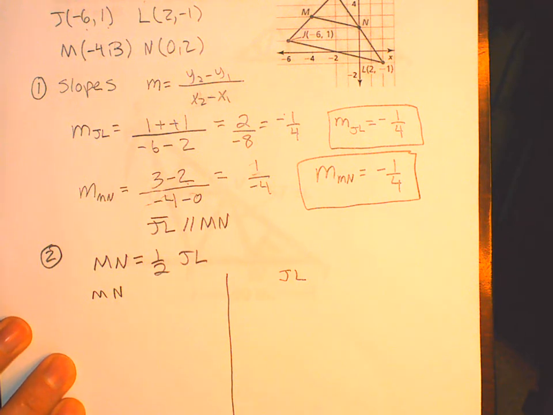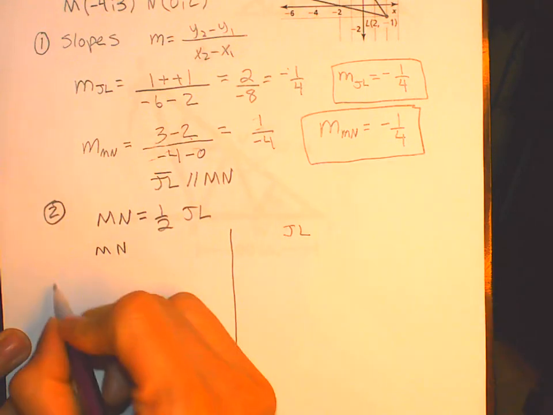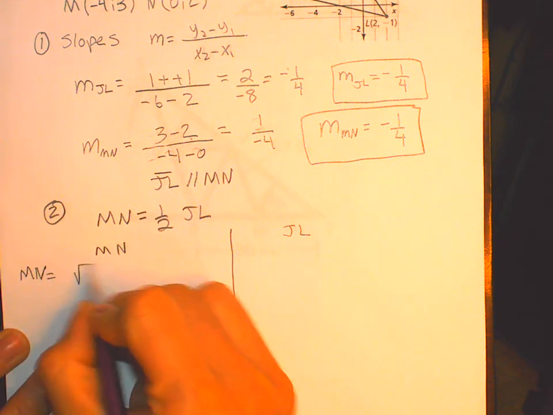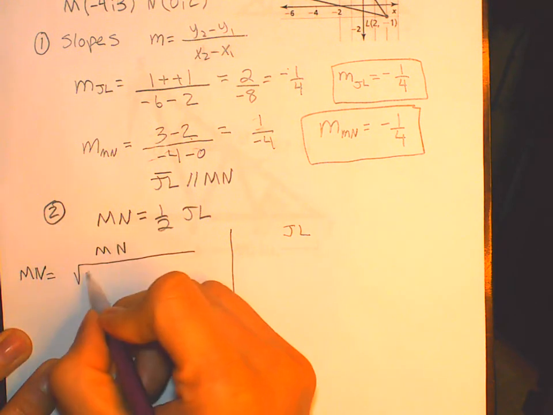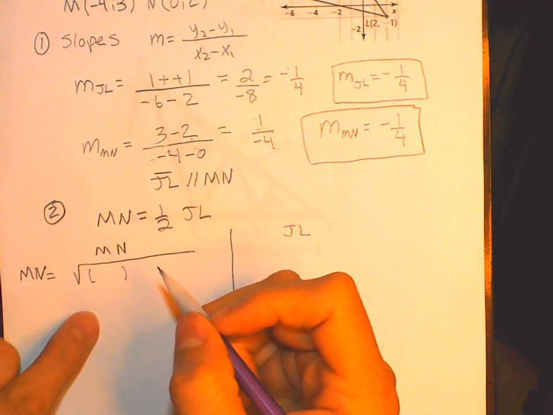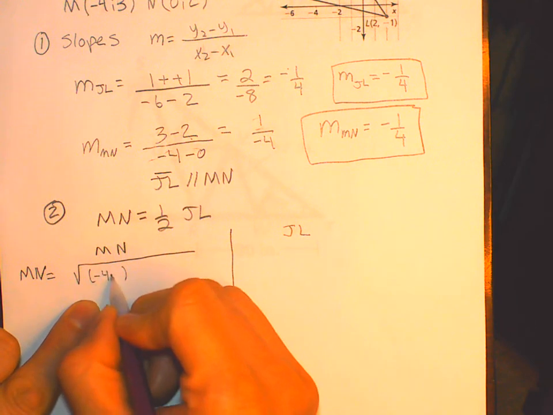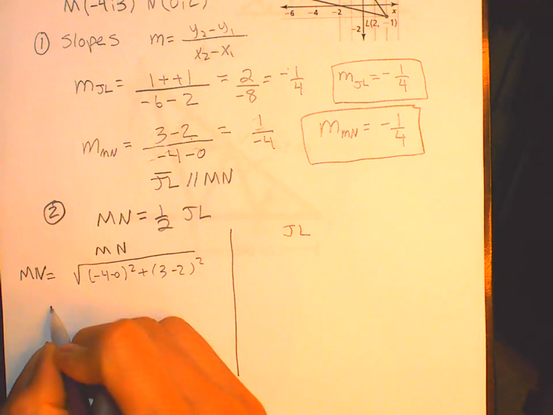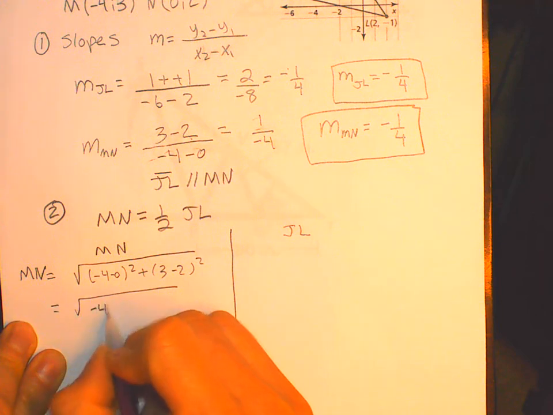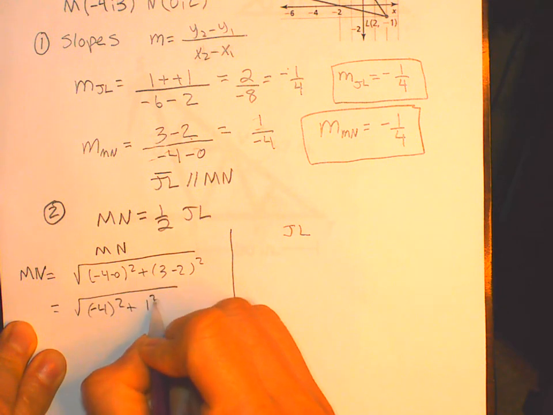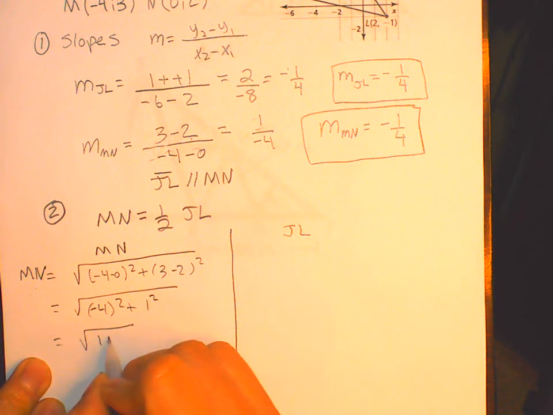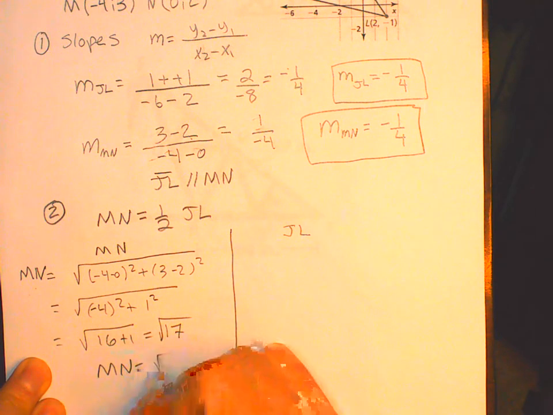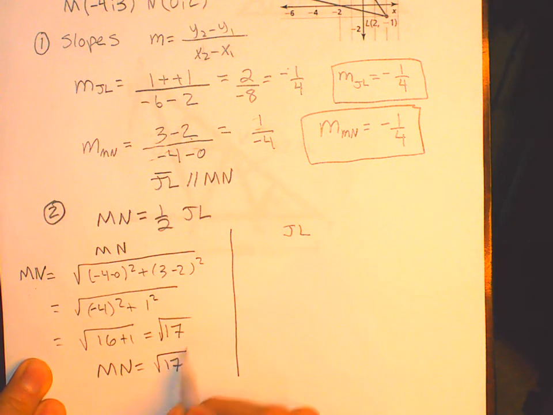For MN, the differences of the x's is negative 4 minus 0, quantity squared, and 3 minus 2, quantity squared. That gives me negative 4 squared plus 1 squared, which is 16 plus 1, which equals 17. So MN is equal to the square root of 17, and we're just going to leave it like that for now.